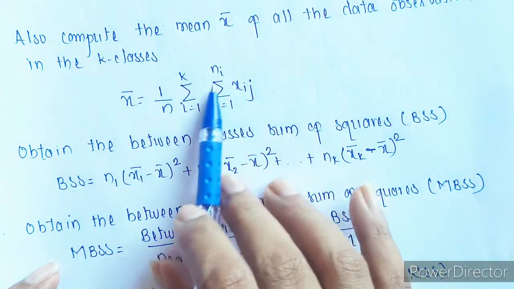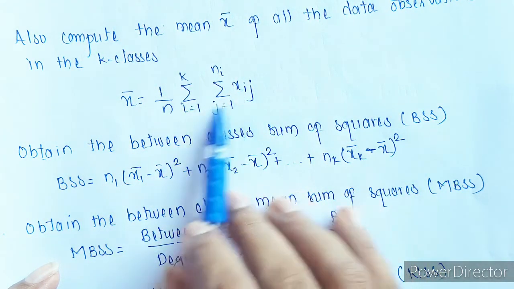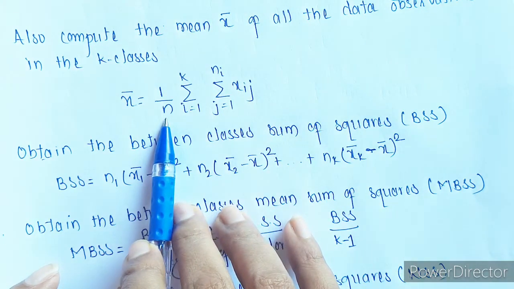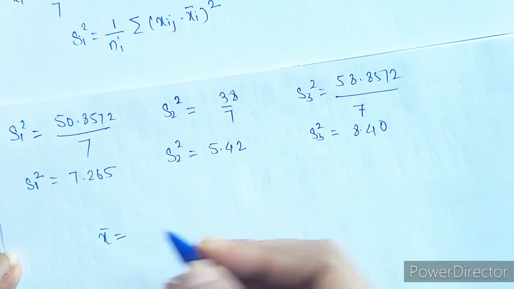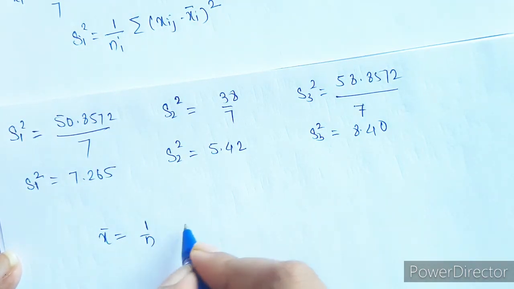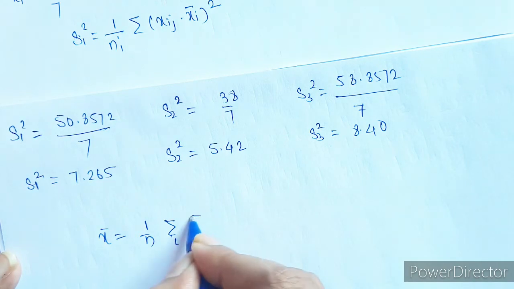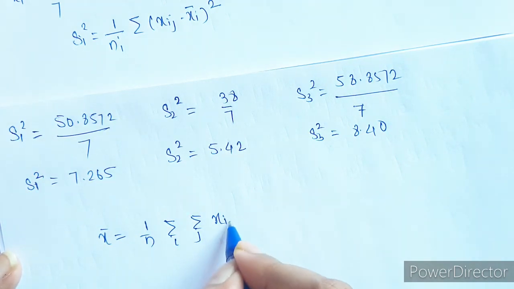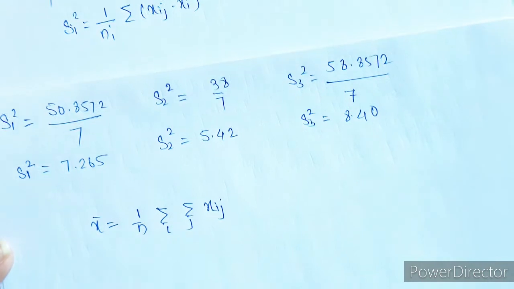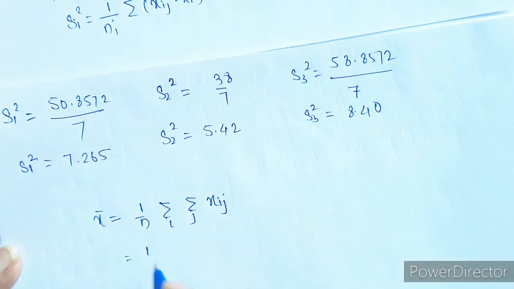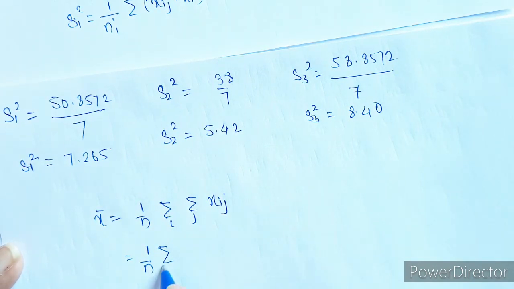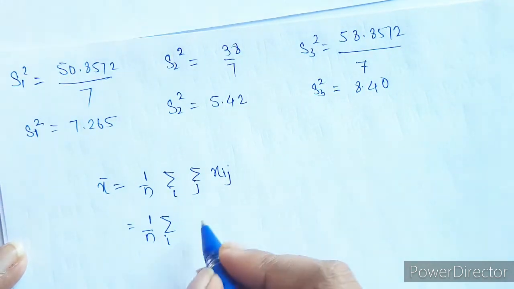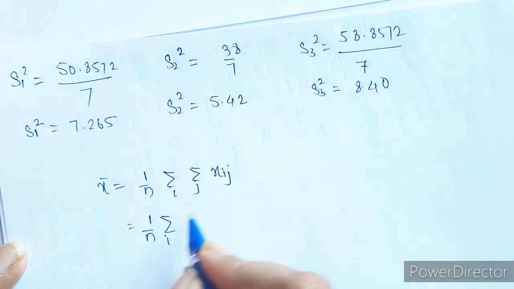Now the next step, here we have to calculate x bar. It is summation of all these means, okay, divided by n. So x bar is 1 upon n summation of xij, right? So it is 1 upon n summation of i's and all these terms.